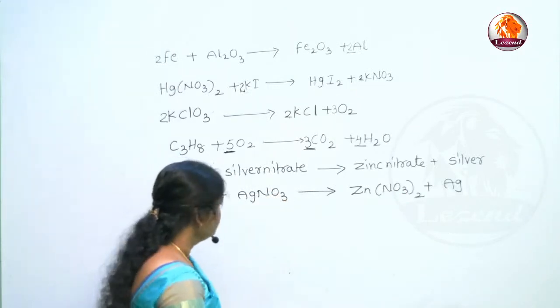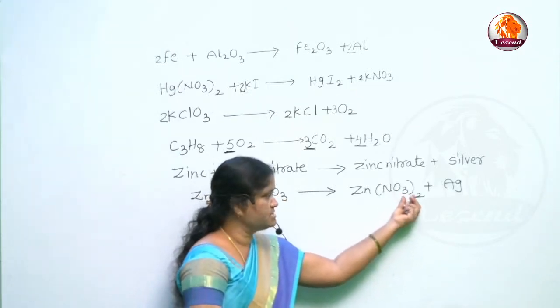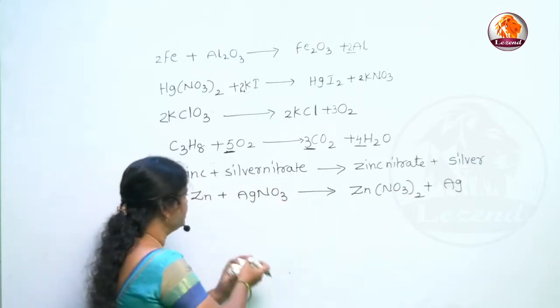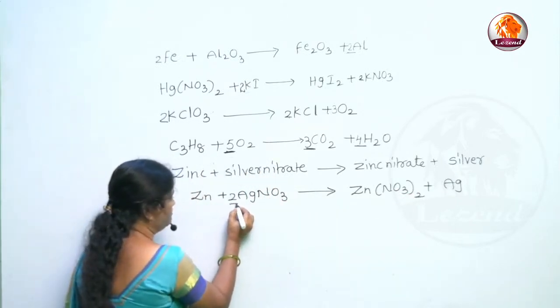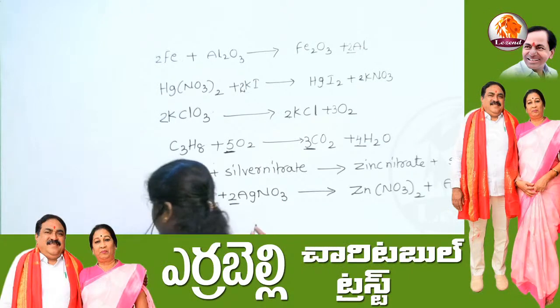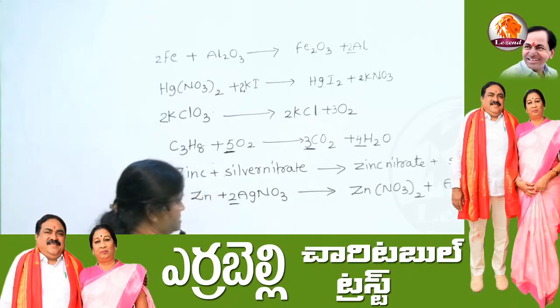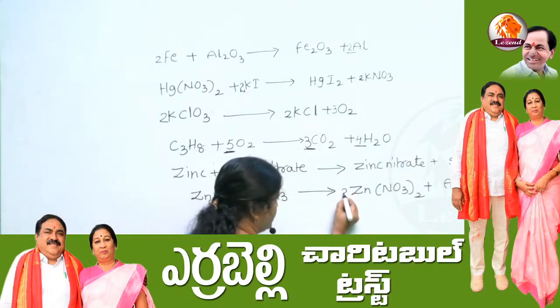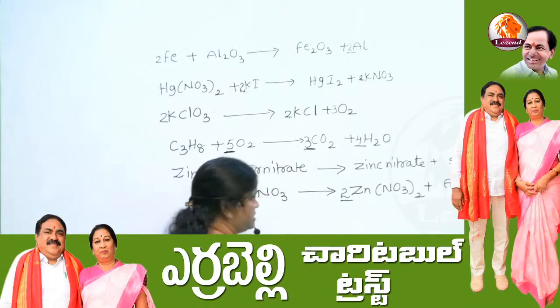To balance the oxygen atoms, 3 to the 6 we need. Here we already have 3. If I write number 2 here, 2 times 3 oxygen atoms also becomes 6, and 2 nitrogens, and 2 silver atoms on the left side. Because of that, I am going to write the number 2 before silver nitrate.